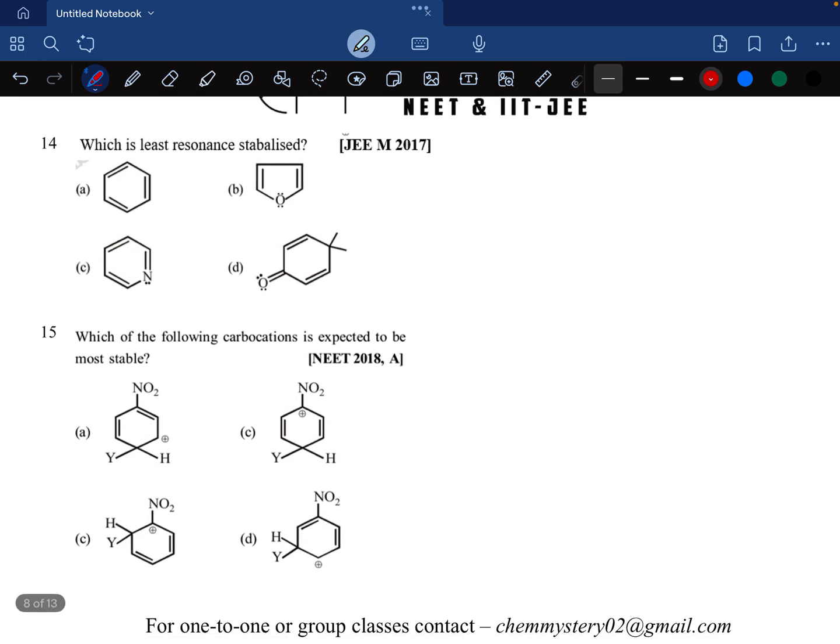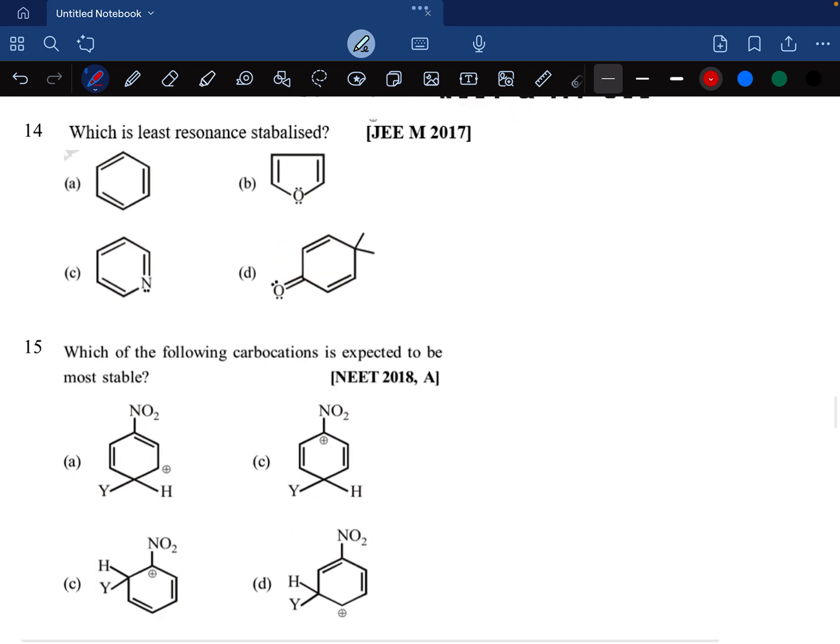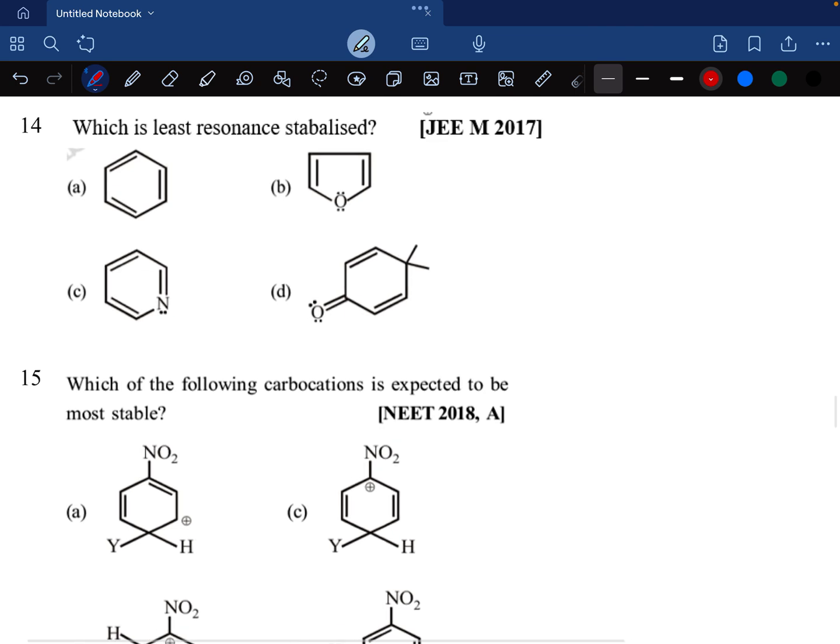Which is least resonance stabilized? I need to find the least resonance stabilized molecule among the following. First is benzene. In benzene there is a complete resonance of the pi electron density throughout the ring, so it is highly stable. In the next case, the resonance is between the lone pair and the pi electrons, also throughout the ring, complete resonance.